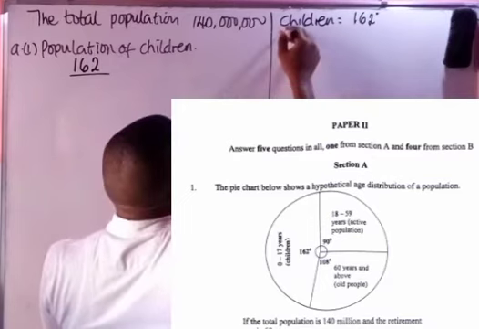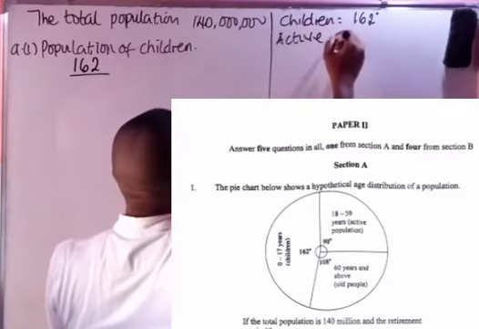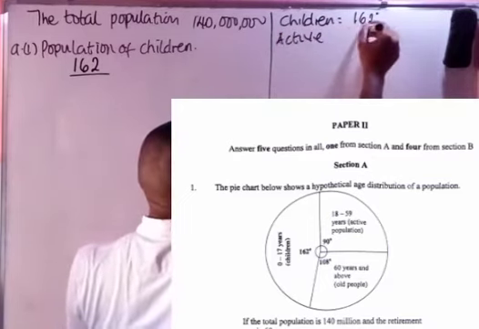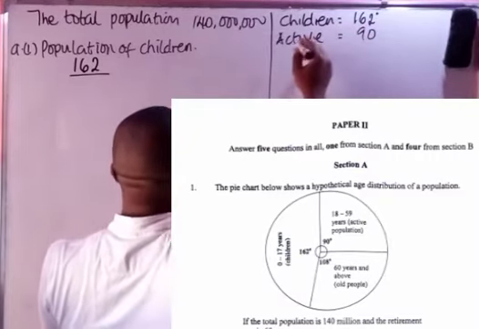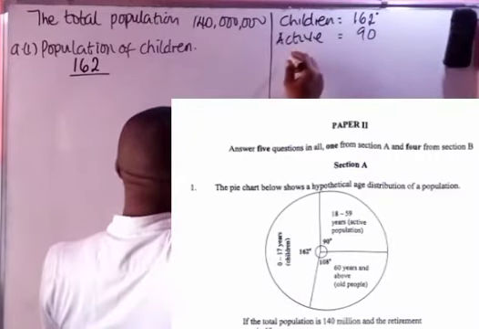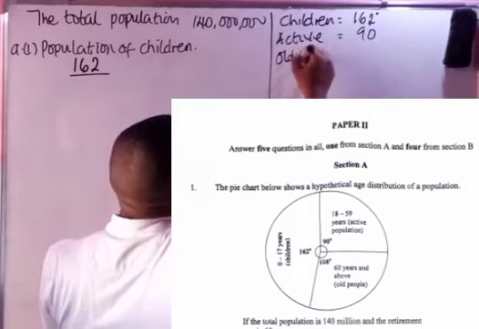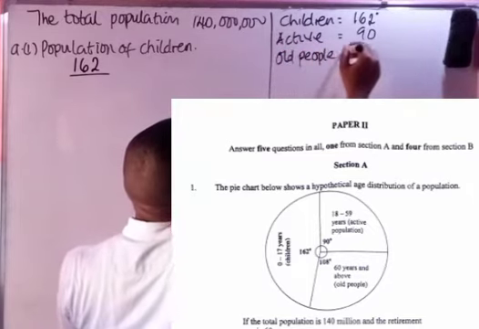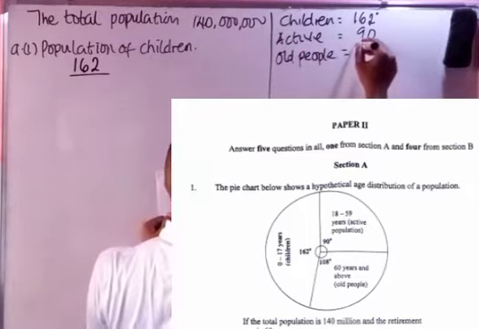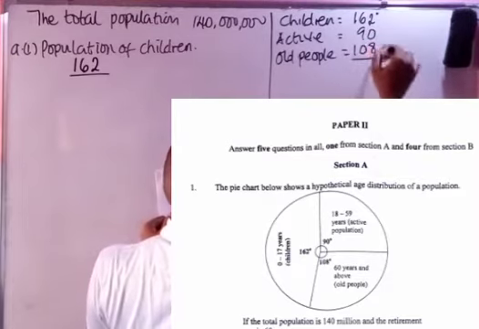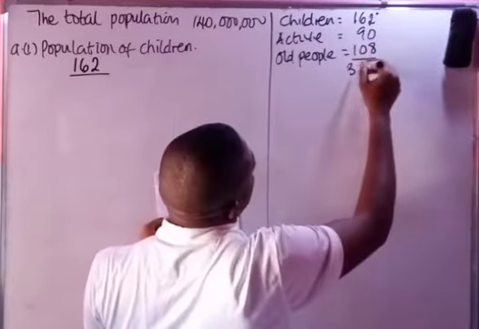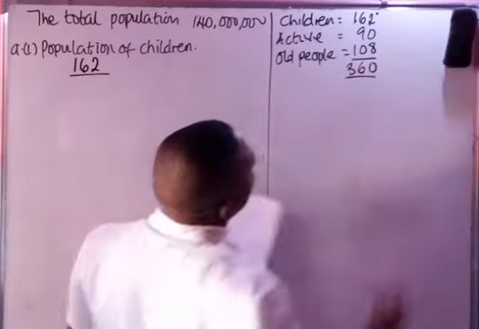For the active population it is 90, and for 60 years and above, that's for the old people, it is 108. So when you add everything, it should give us 360.